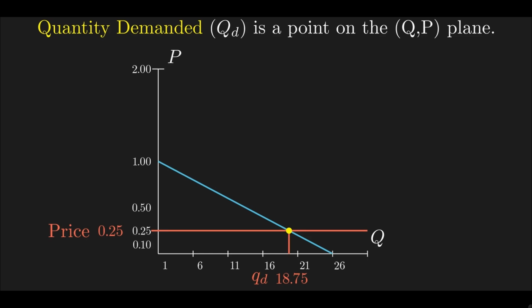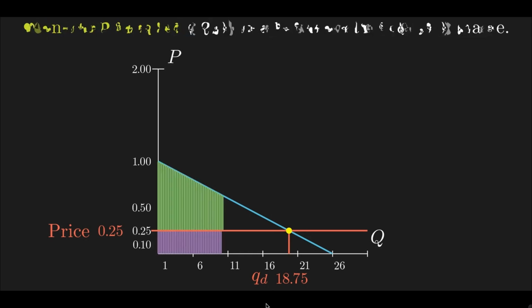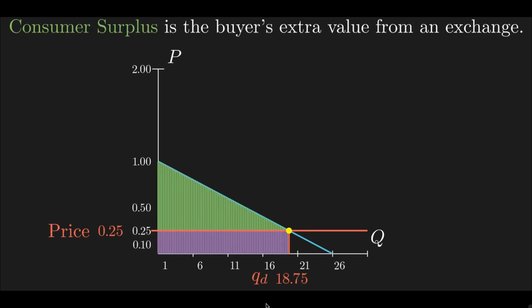Now, just like we did with the supply curve, we want to understand not just the consumer surplus for one exchange, but for all exchanges in this market. And in this case, Amanda Grace is buying 18.75 units. So we have to go through and add up the vertical bars for each one of these exchanges.